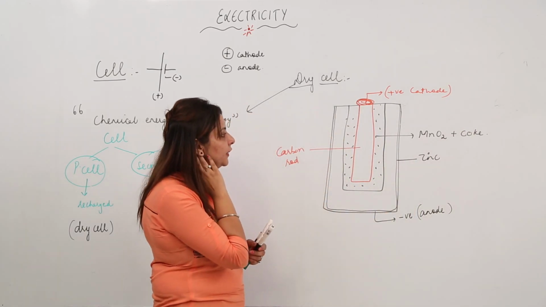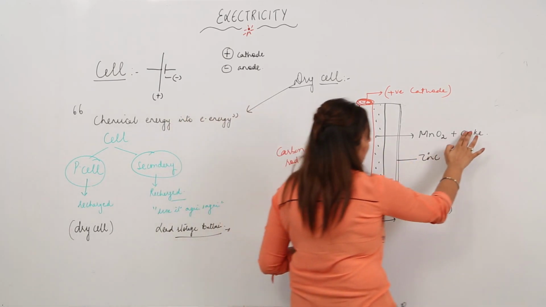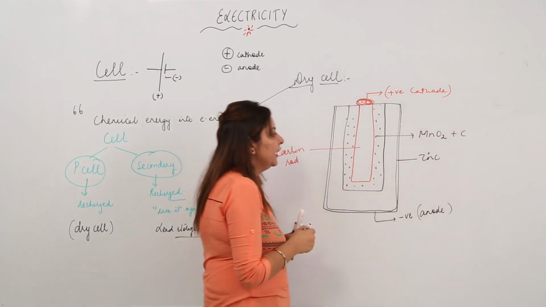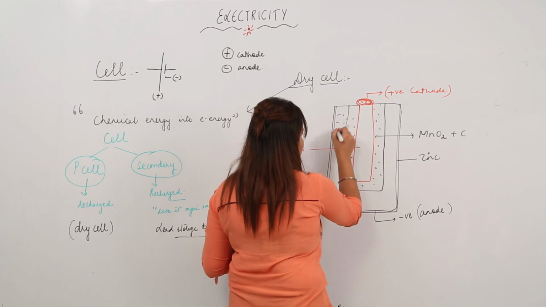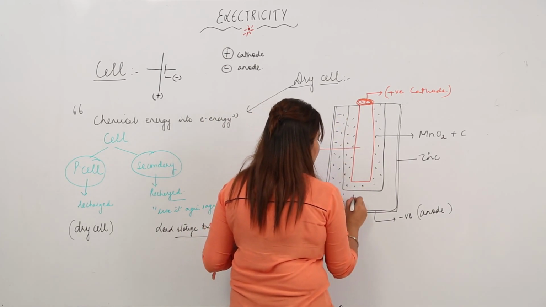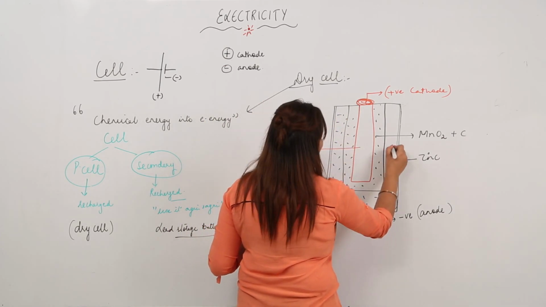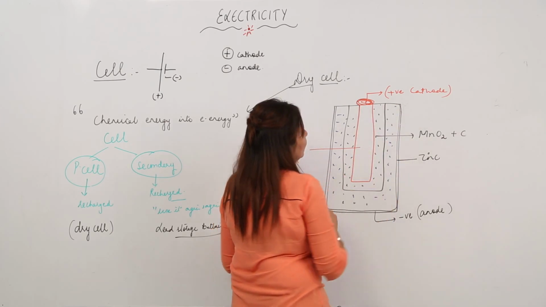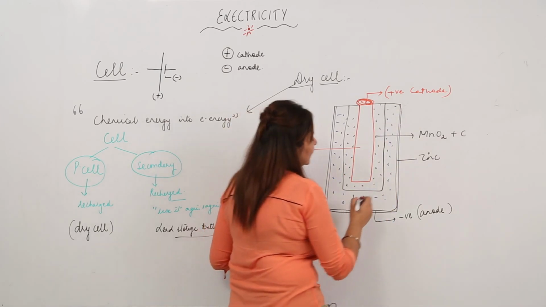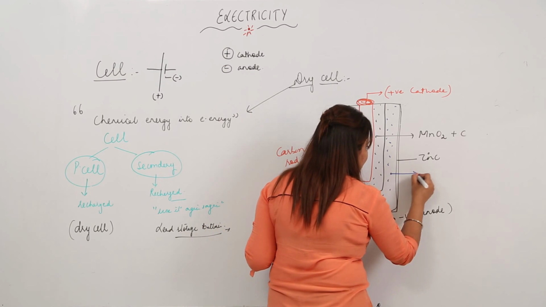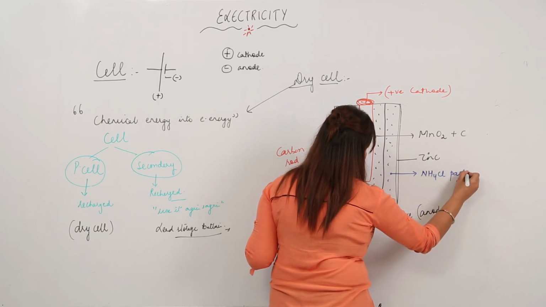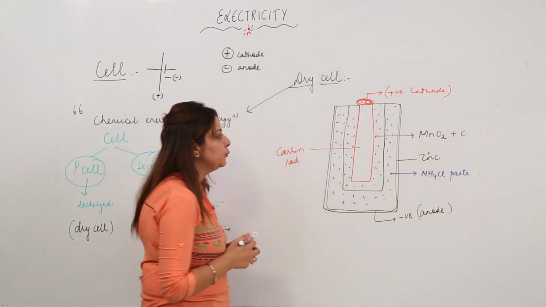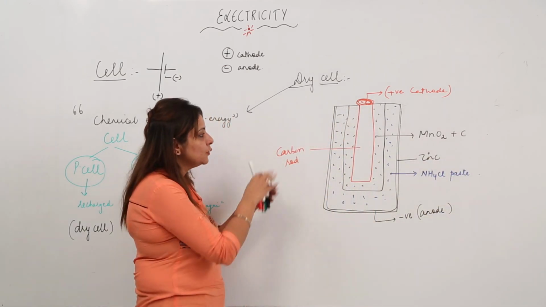Manganese dioxide with coke, or you can just write carbon, that's also correct. And the electrolyte present here is this. An electrolyte is a substance which, when we pass electricity, can split up into ions. So what is this? It is ammonium chloride moist paste.